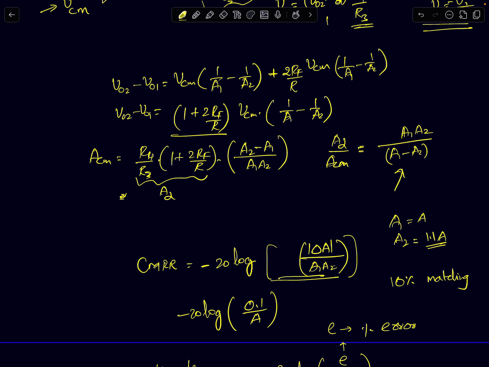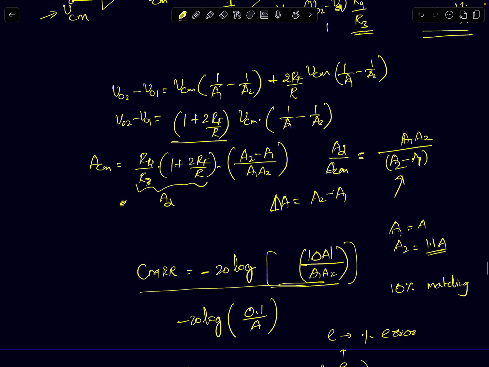Delta A here is simply equal to A2 minus A1. I'm taking the mod here because when I take the log, the quantity should always be positive. So mod delta A divided by A1 into A2. That's the CMRR of your instrumentation amplifier.